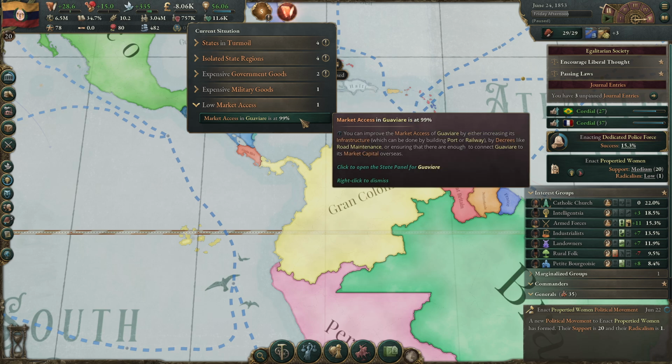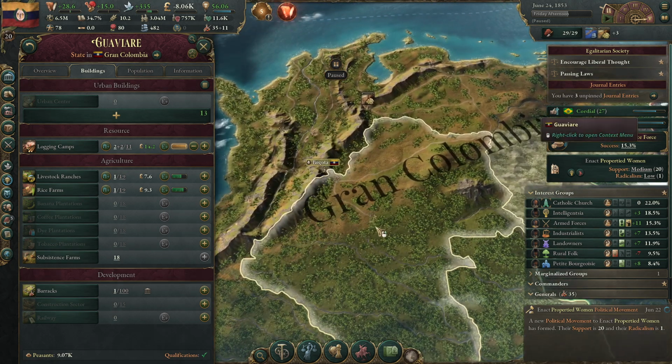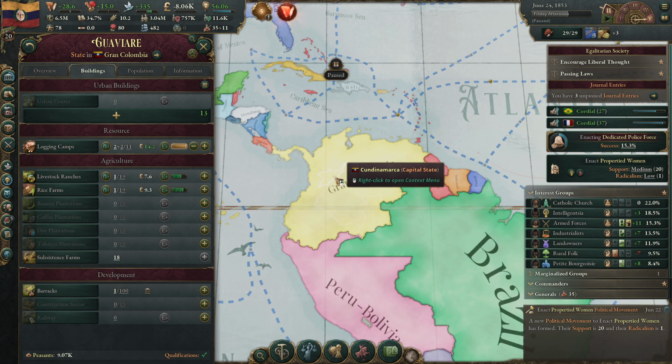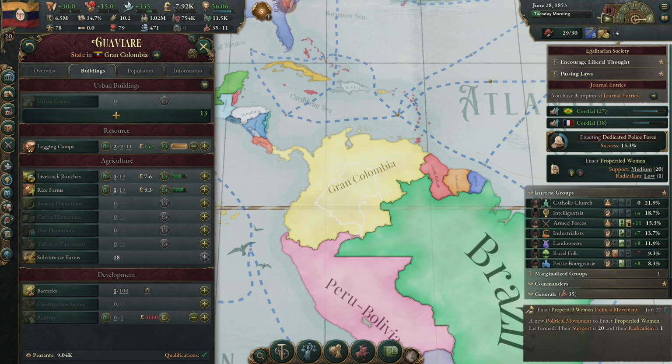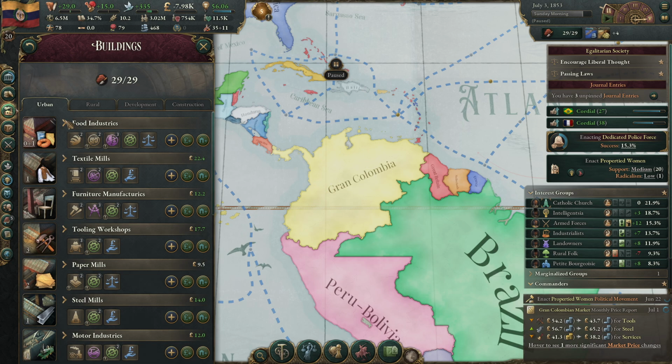There's still low market access in this state. Where is this state? Oh, my capital? No, this one. Okay, well, we need to build a railroad. We're going to build more logging camps, so we absolutely need that railroad over there.